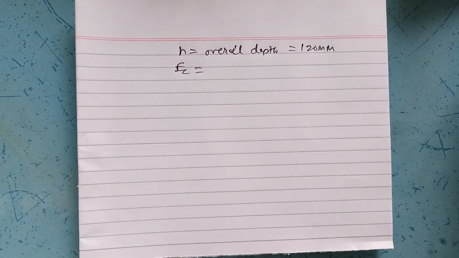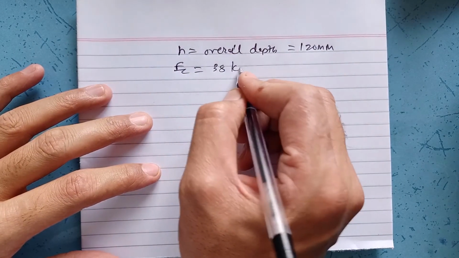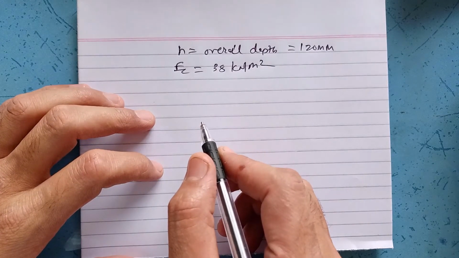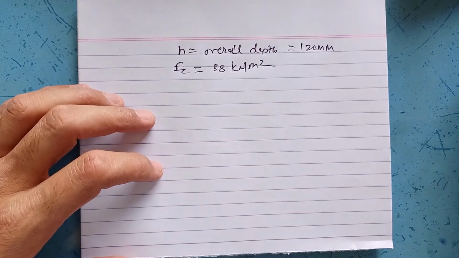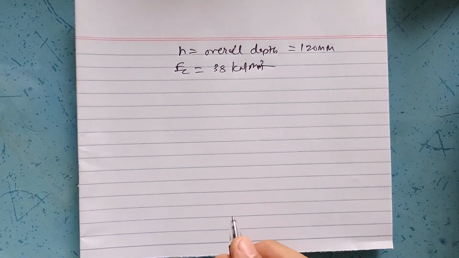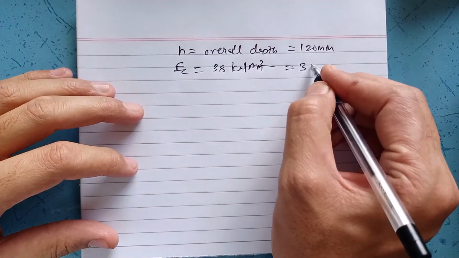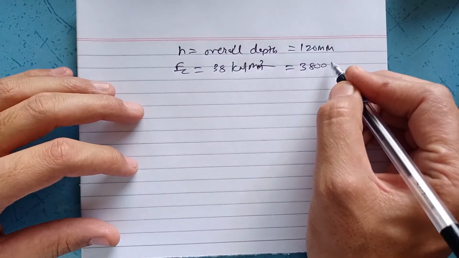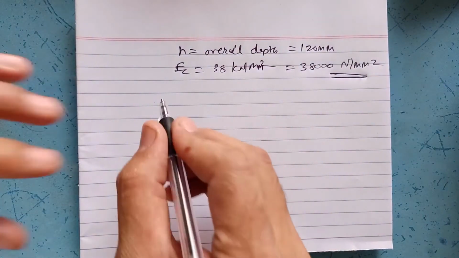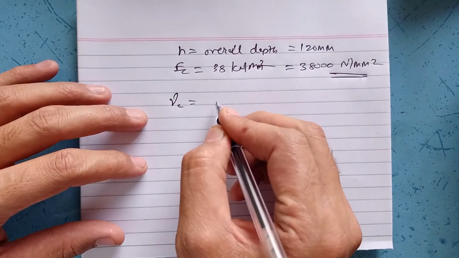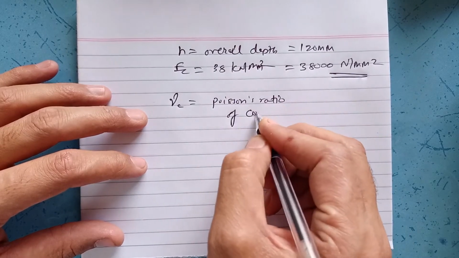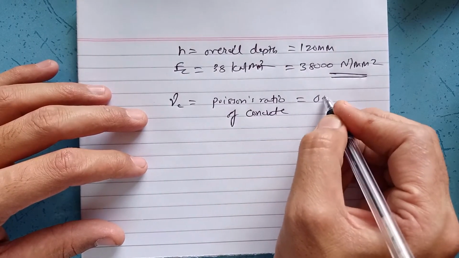Ec is given in the problem statement as 38 kilonewton per mm square, or we can write 38,000 Newton per mm square, and nu c is nothing but Poisson's ratio of concrete, and this you might be knowing it is 0.15.